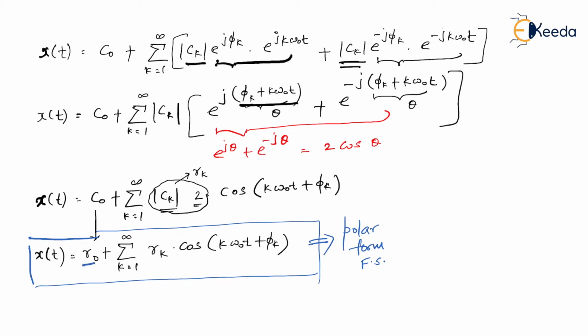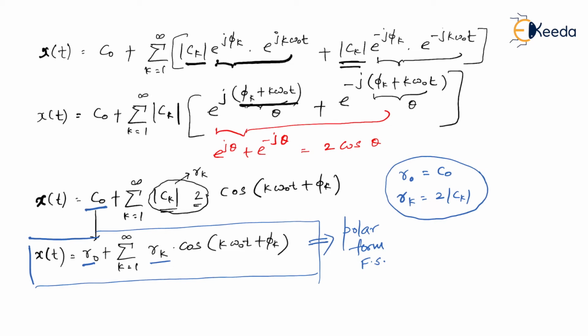In polar form Fourier series, let me tell you, R naught is nothing but C naught. So this becomes quite a relation between polar form Fourier series coefficient and complex form Fourier series coefficient. In fact, we don't call it complex form, we call it exponential complex form Fourier series or a complex exponential form Fourier series. So R naught is nothing but C naught, and also Rk is nothing but twice of mod of Ck.